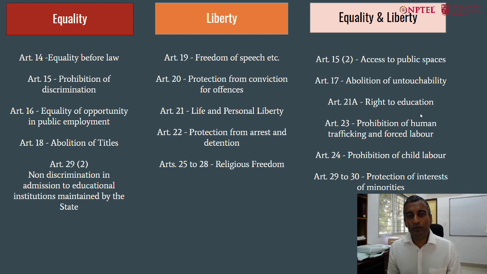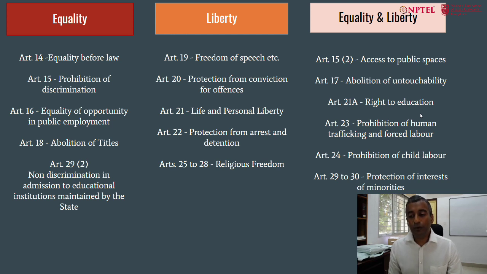We have a range of articles, Articles 29 and 30, that put in place some freedoms for religious minorities, while at the same time requiring that they be treated in a manner that allows them to emerge and find full cultural expression in an independent India. So 29 and 30 deal with the problem of treating religious groups equally, while at the same time assuring them some freedom in how they might emerge.